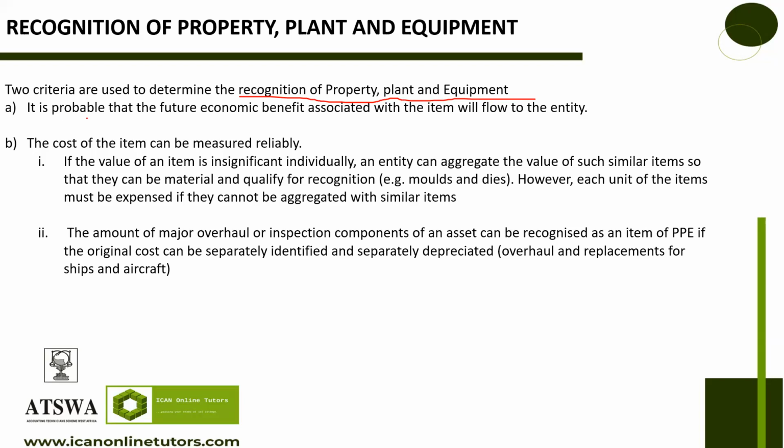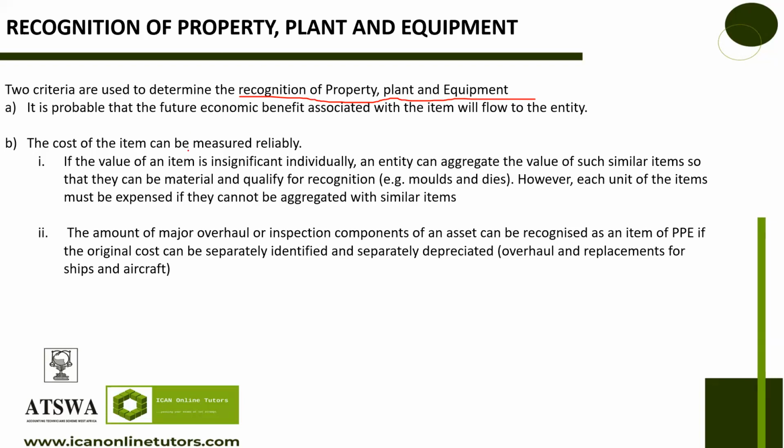Number one is that it is probable that the future economic benefit associated with the item will flow to the entity. Once there is a future economic benefit to be derived from the use of the asset, then it is probable that there's a future economic benefit to be derived from the asset. Number two is that the cost of the item can be reliably measured.